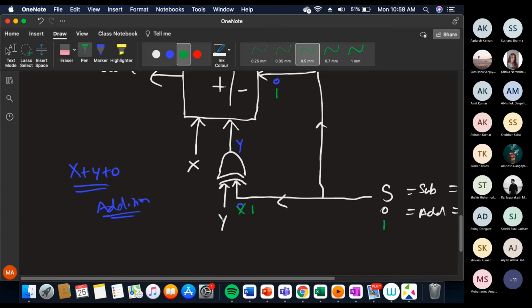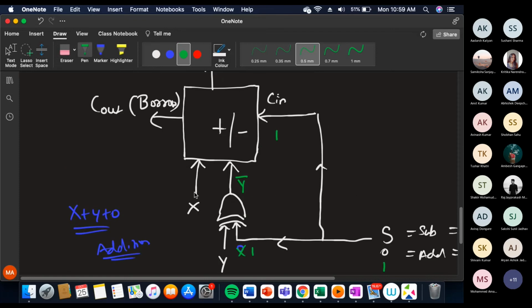Anything when XORed with 1, the output will be the complement of the other. So it will be equal to Y bar, right? So can you tell me what is the operation that is happening? X plus Y bar plus Cin, which is 1.